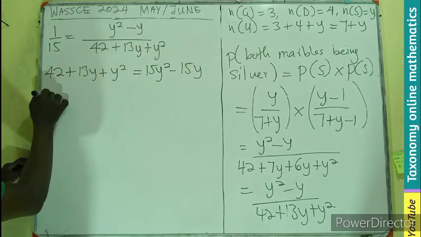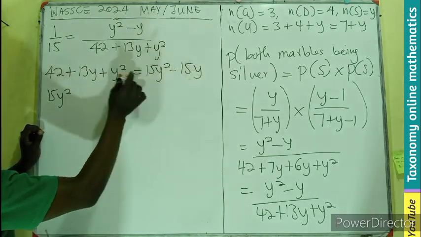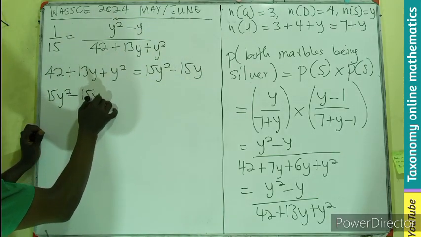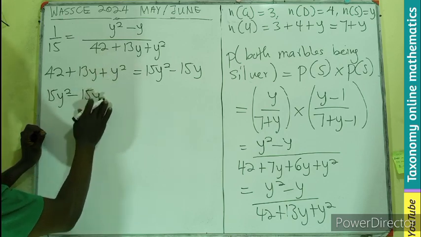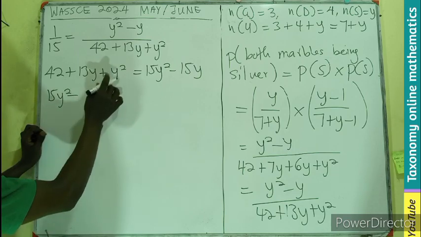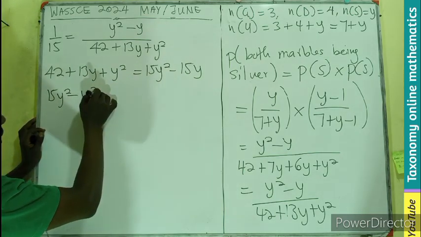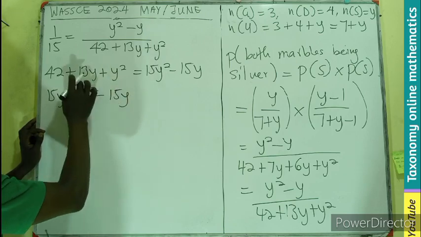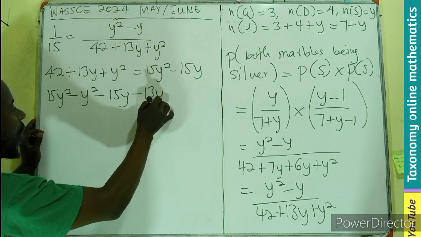That makes our 15y squared come first, then minus 15y. Let's put the y squared together, maintain our minus 15y, and then this becomes negative 13y.